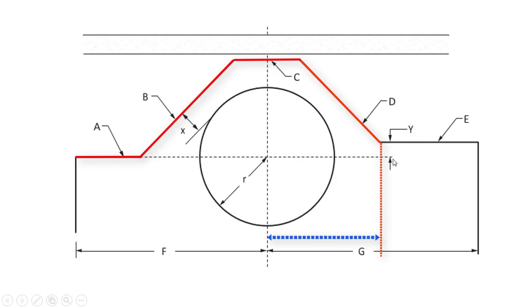Then we could subtract this length from G to get the length of E. I realize that was a lot. My assumption is that you've read through the examples in your textbook prior to this video. If not, go through those now, and you may want to watch this video again.